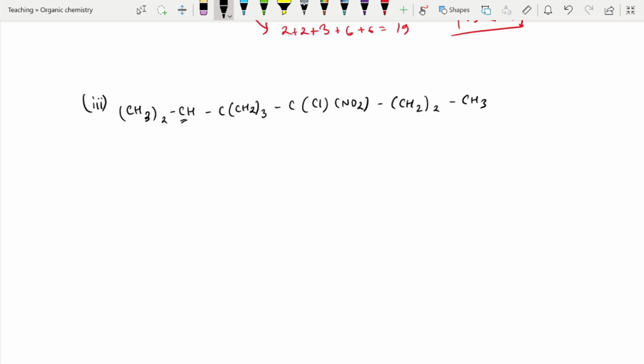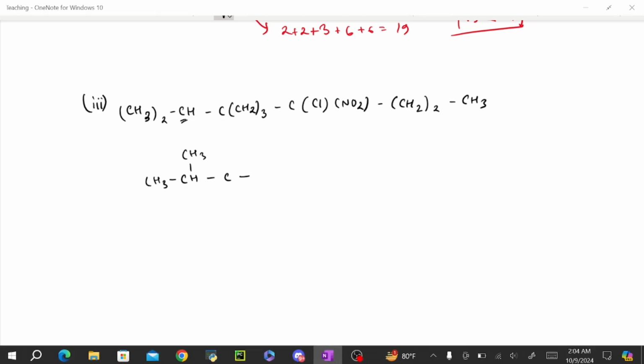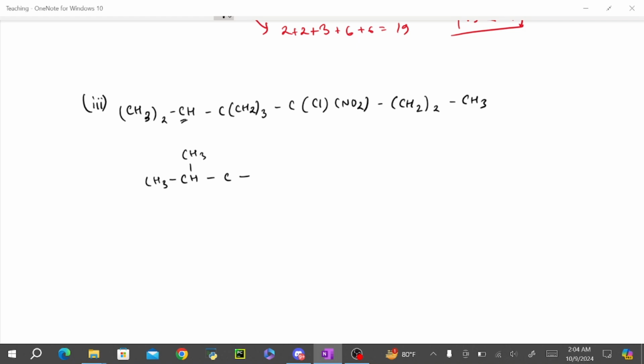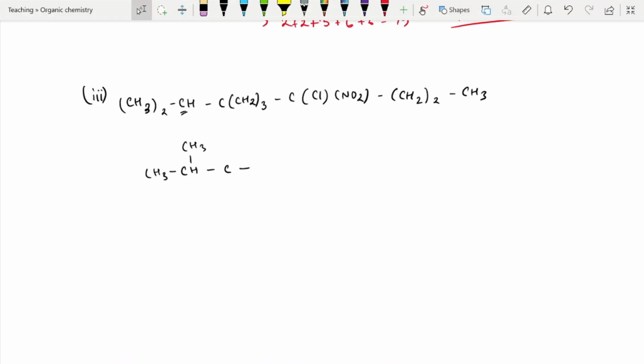So this CH is connected with two methyls, then it is connected with another carbon, and the carbon is connected with two methyls. I'm so sorry. The carbon is connected with two methyls, CH3, CH3.